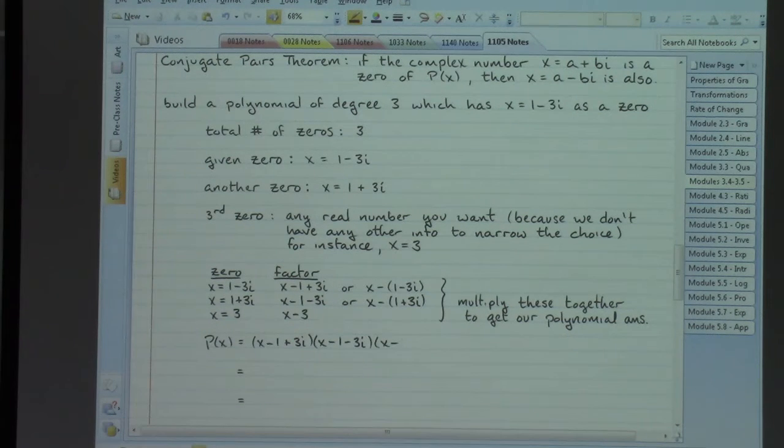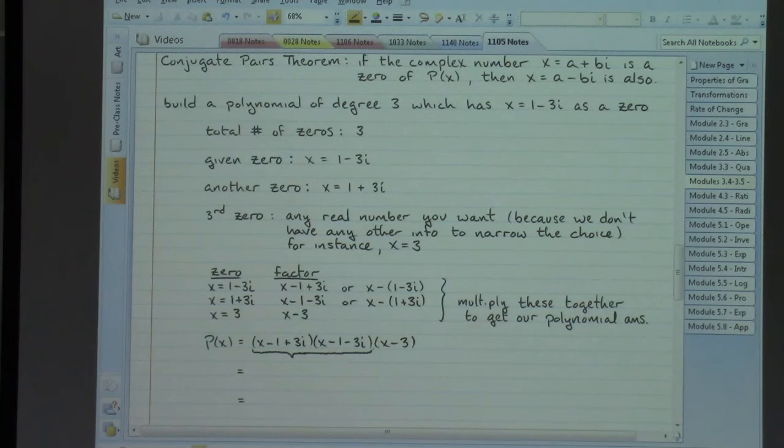Those are ugly, and unfortunately, those are still in need of being multiplied out because this is not a polynomial that we're used to seeing. We're not used to seeing stuff that would have these complex numbers that show up along the way.